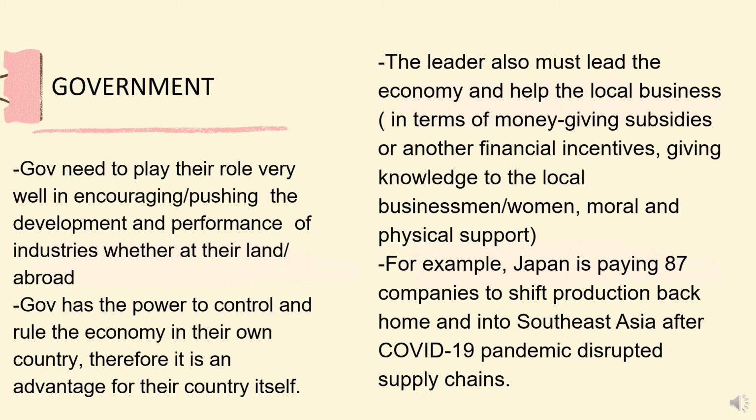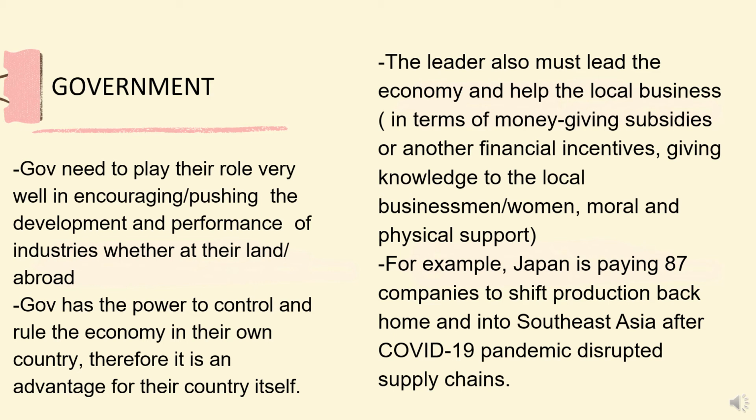Therefore, it is an advantage for their country itself. The leader also must lead the economy and help the local business in terms of money, such as giving subsidies or other financial incentives, giving knowledge to the local businesswoman or businessman, and moral as well as physical support.